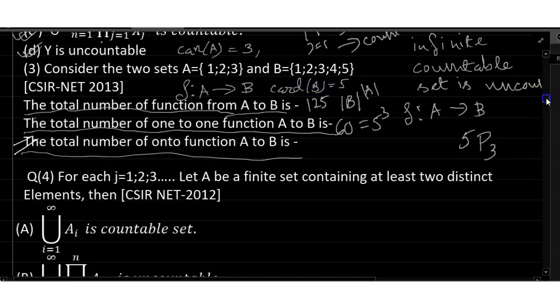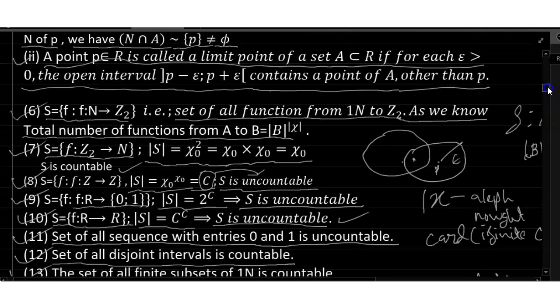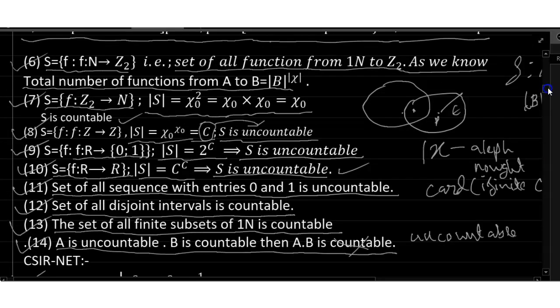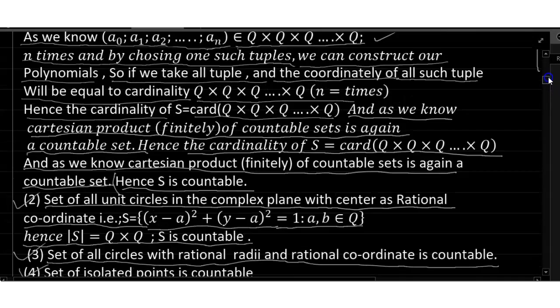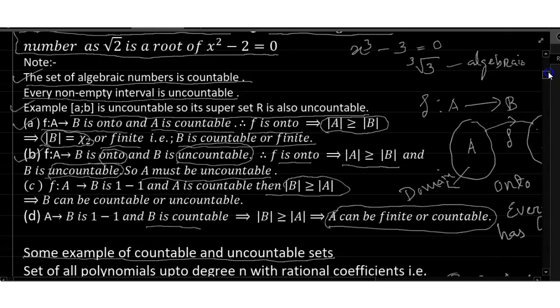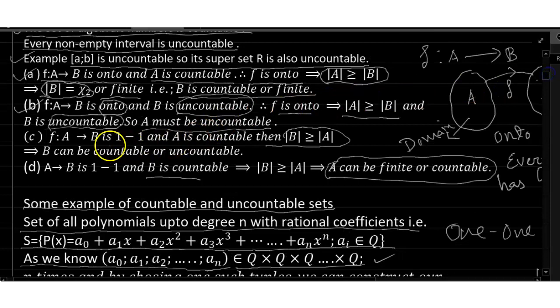So friends, what is my condition? I have already told, for an onto function, obviously, domain is always greater than or equal to codomain.